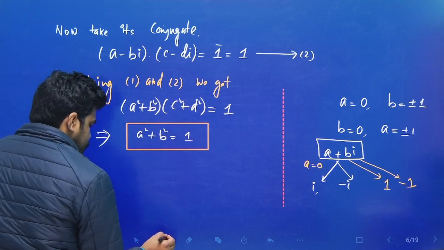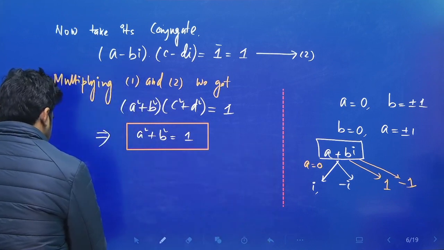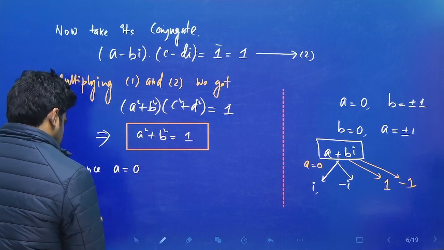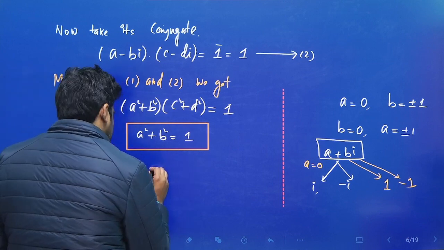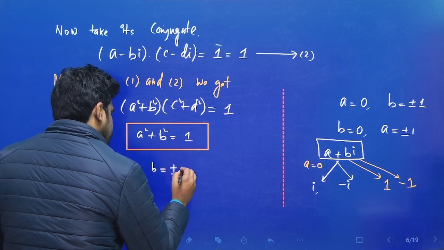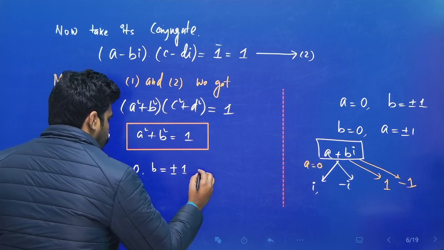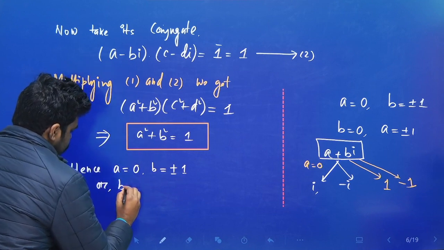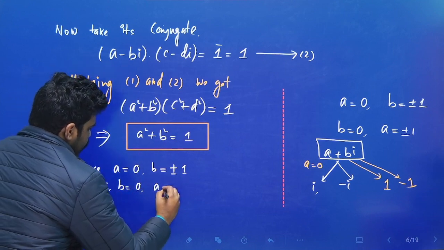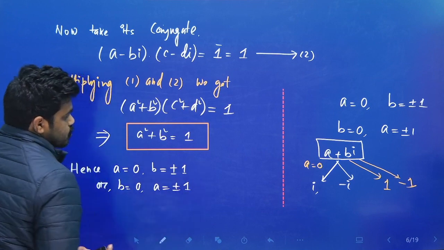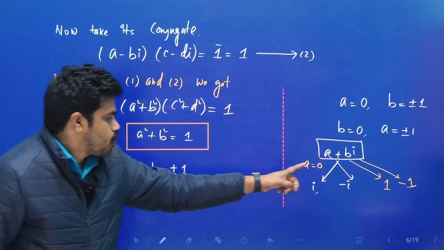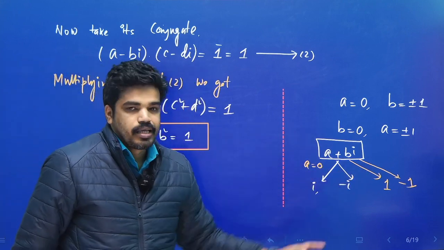So hence we conclude that a is equal to 0, b is equal to plus minus 1, or b is equal to 0, a is equal to plus minus 1, I showed. What units do we get? 1, minus 1, i, minus i.